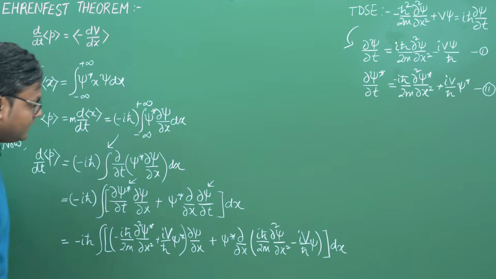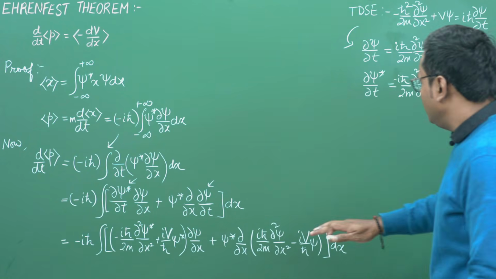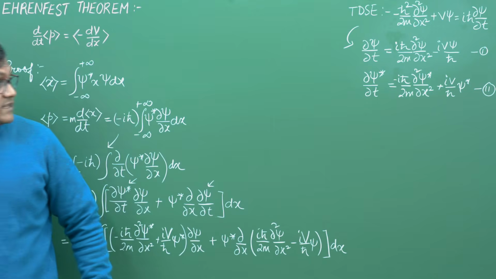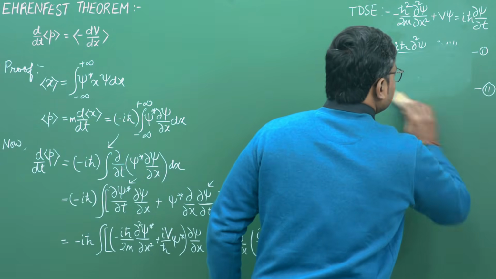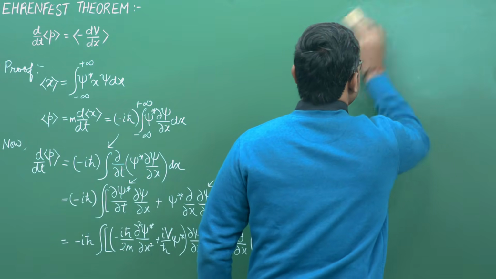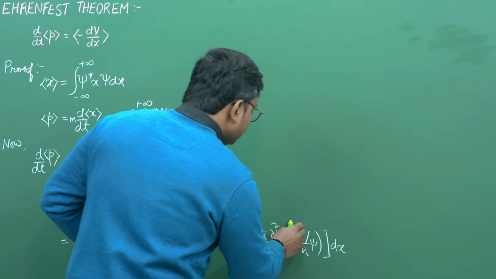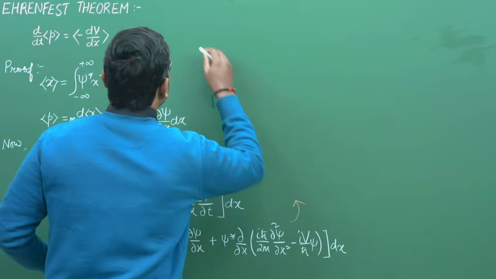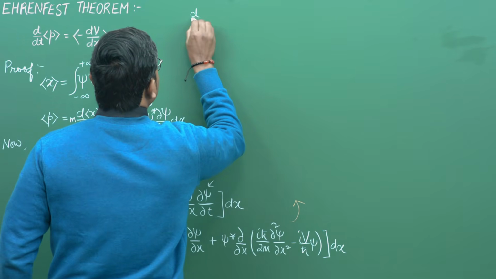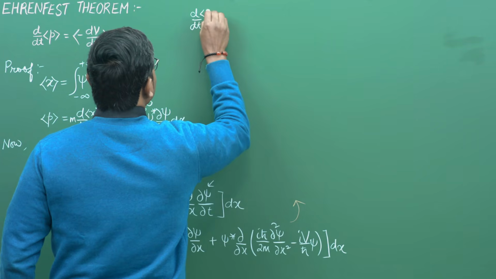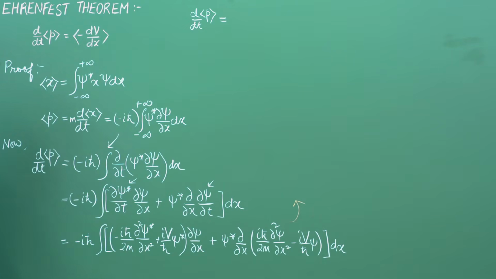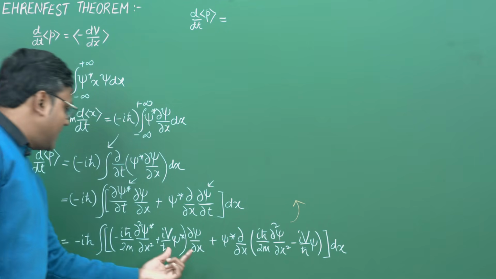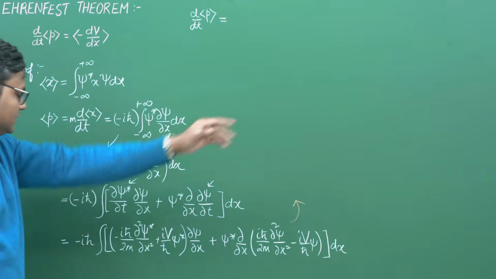Now I want to simplify this, okay? So to simplify this, I'm going to go to the right hand side, but I'm going to erase these expressions here just to create some space. So let us look at this particular equation further, okay? So I'm going to simplify it by writing that here d by dt of the expectation value of momentum is simply equal to, I'm going to combine these two terms, the first and the third term into one integration, and the second and the fourth term into another integration, okay?